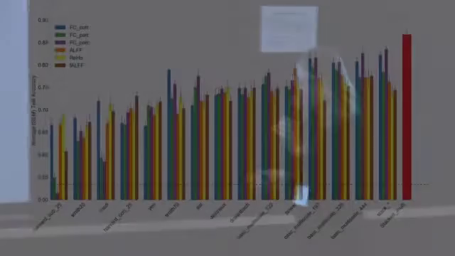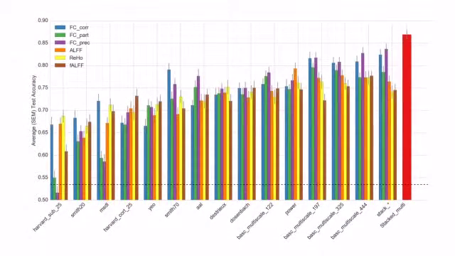So these are the results. I'll walk you through them again. Along the bottom here, you can see all the different types of atlases that we used. There were 14 atlases in total, based on various different features for combining the voxels. Along the y-axis here, you can see the average accuracy at test time.